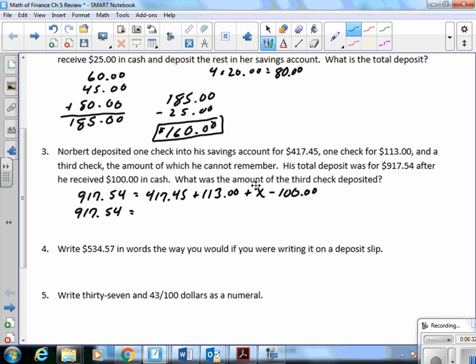We take 100 away from 113, so that's going to give us 430.45 plus X. So subtract 430.45 from both sides. And we get 487.09 is going to be equal to X, or that's the amount of the missing check.